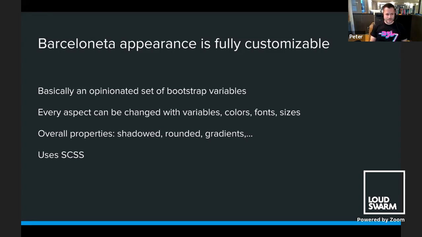What's also nice with Bootstrap, they have some overall properties that will go along through the whole theme. So if you want to have shadows, just turn it on. If you want to have rounded corners, turn it on. Or gradients within your components, yes, just turn it on and let it go. Stefan?